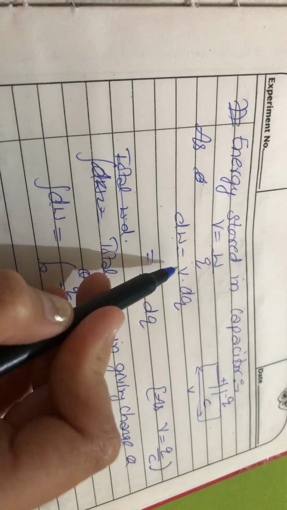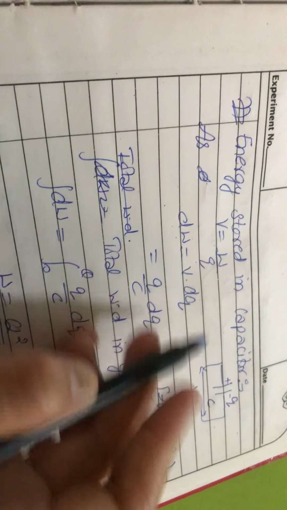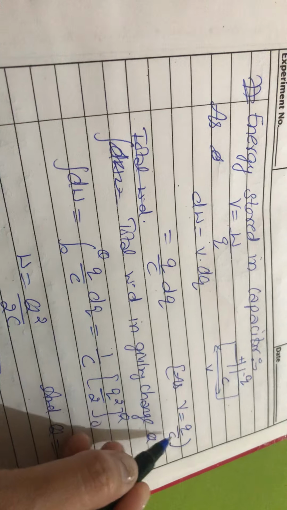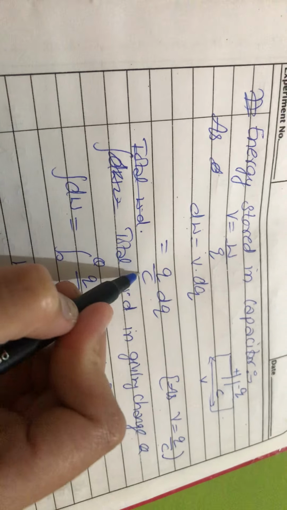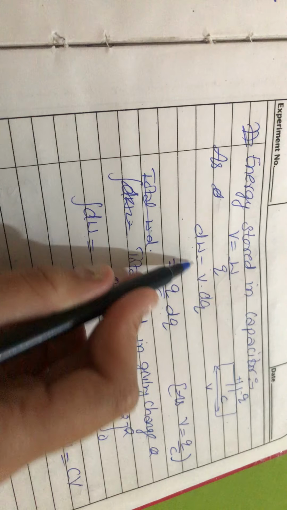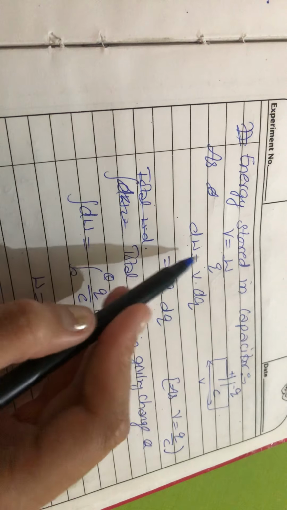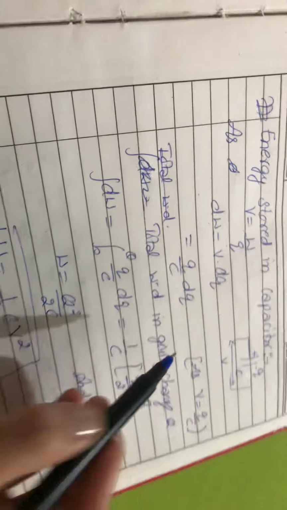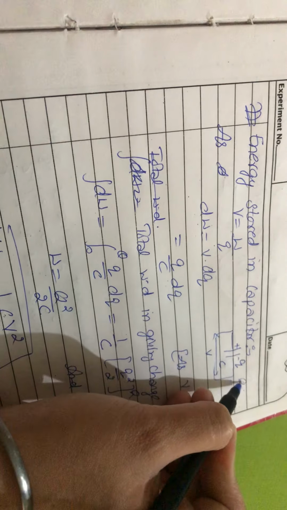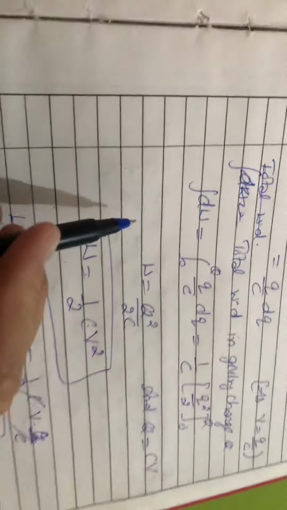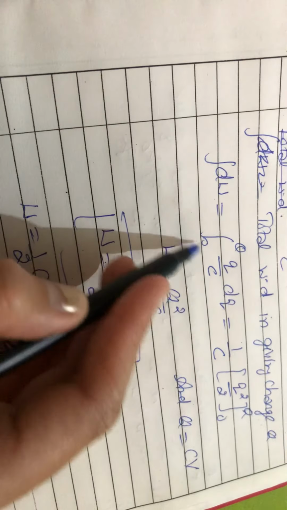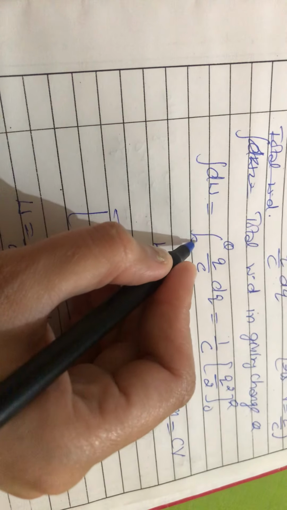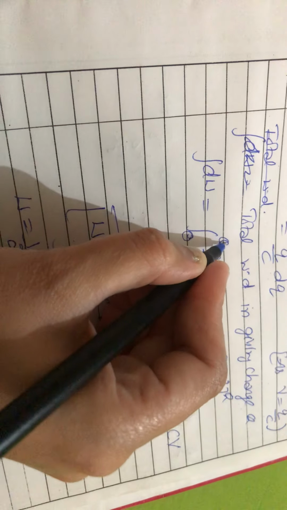So work done will be V dq. From the formula V is equal to Q upon C, here it is Q upon C dq. This is the small work done by the potential to store the charge, but for the total work done of gathering charge Q on a capacitor, the limits will be 0 to Q because we want to charge a capacitor from neutral to Q value.